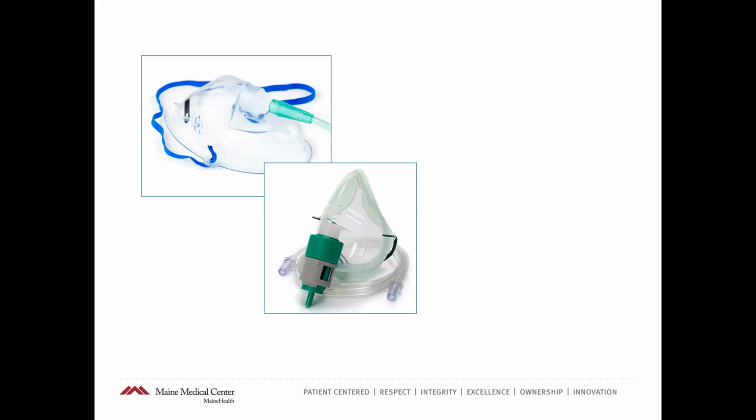See that little hole right there, that little aperture? You can rotate that thing. And if you close it down, then there's going to be virtually no air entrained through this. And so the flow coming out from the wall is going to basically all go into the mask. And you'll be approximating 100% or 90%.